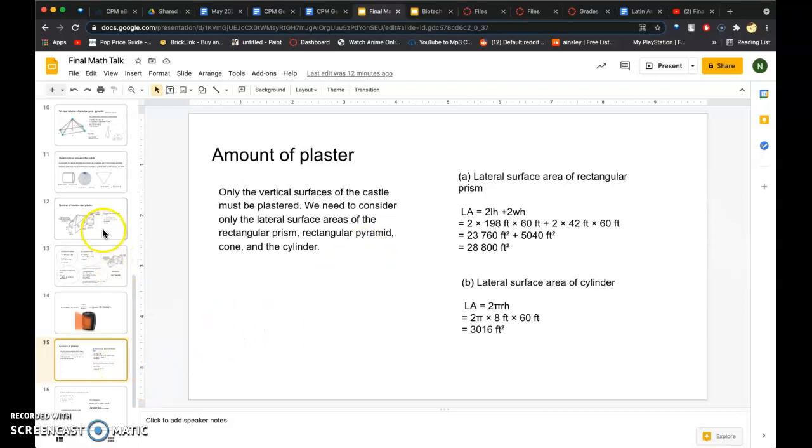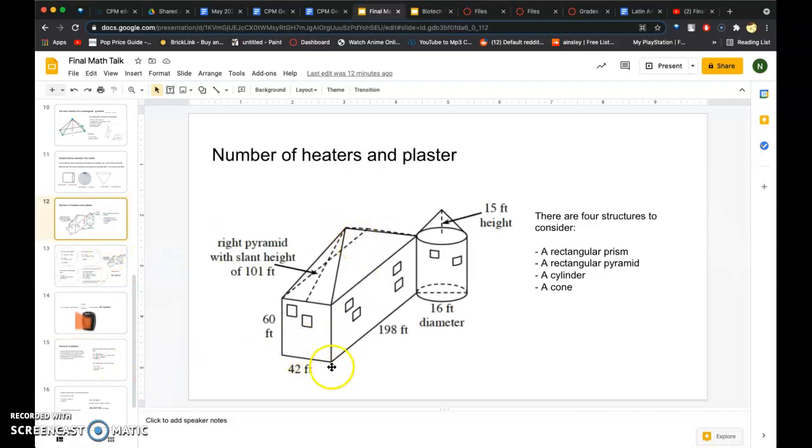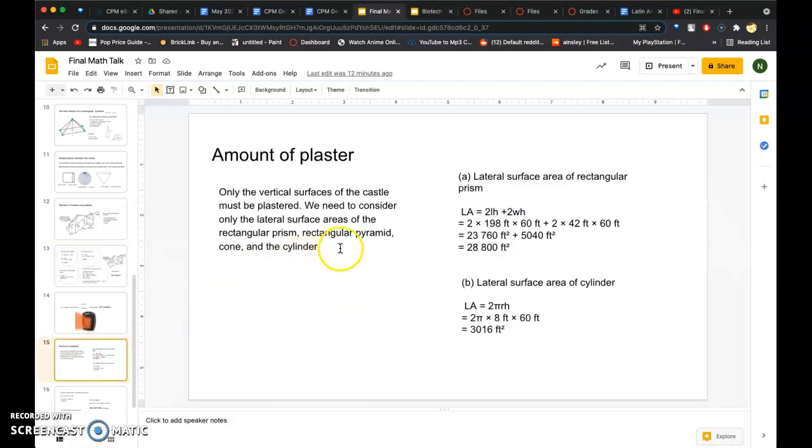We probably don't need to plaster the floors, so we're only going to plaster the walls, and we're also not going to plaster the base of the cone and the base of the pyramid. Keep that in mind because, again, it's the floor, and why would you plaster the floor?